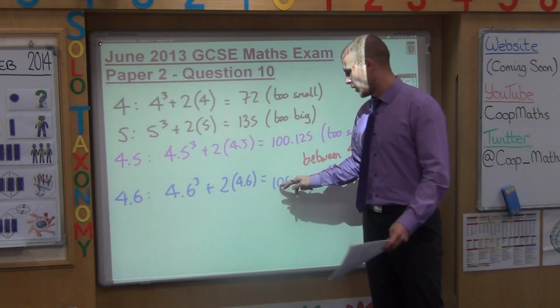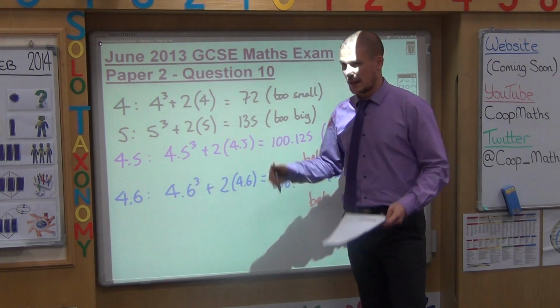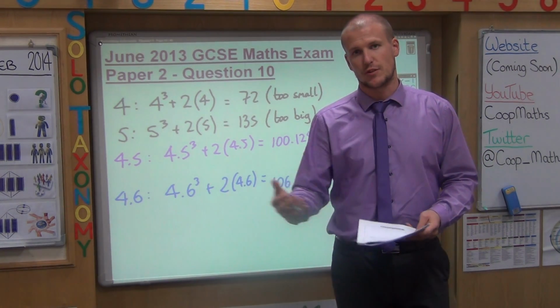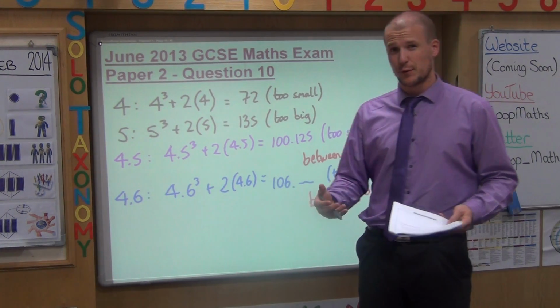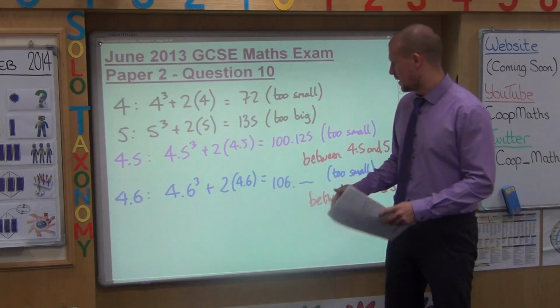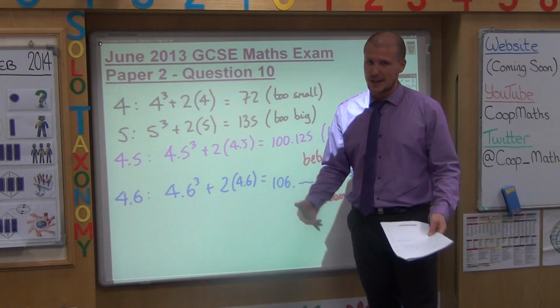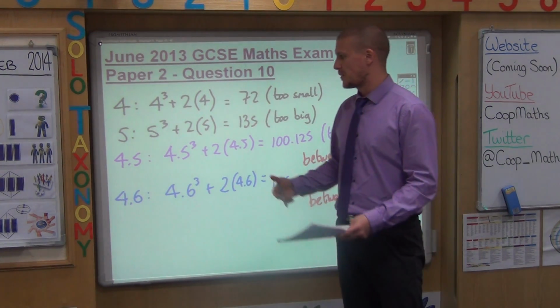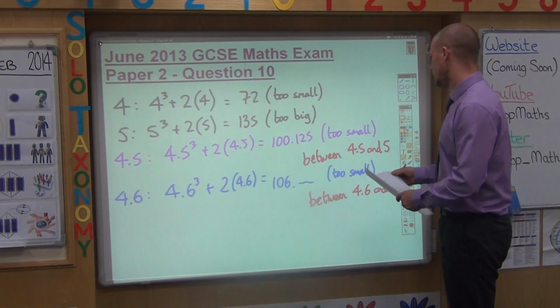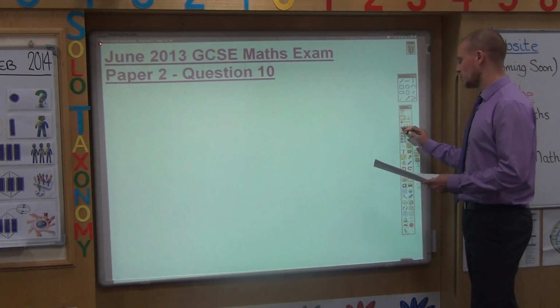As much as this doesn't mean exact, you can't use that as an indication of how close, it can influence where you would guess next. So the fact that I've gone 6 up here, 6 up next, it makes sense to try 4.7 rather than try 4.8 or 4.9. So 4.7 is what I would go for next.